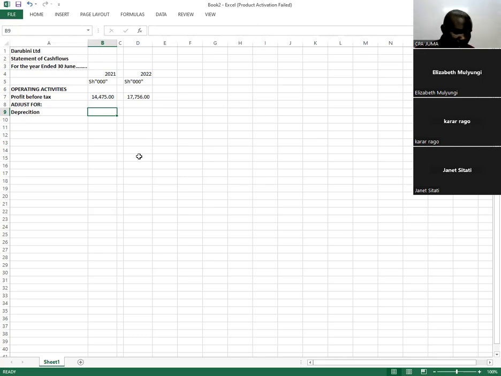Depreciation for every year, as you can see, 2021, good. I can see full participation. There is 800 and 750. So we add 800. We bring here 750.